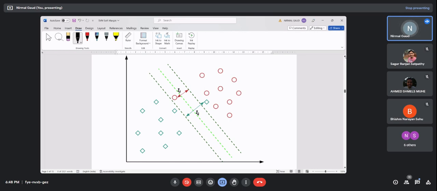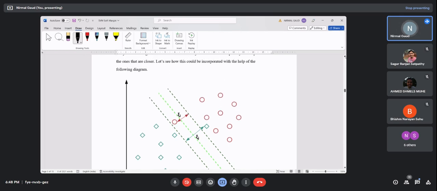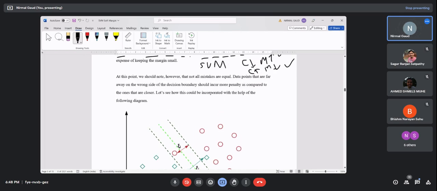So in the previous class we were here and we were talking that at this point we should note that however not all mistakes are equal. You making a mistake is okay, but not all mistakes are equal. Some are bigger mistakes, some are smaller mistakes. Now how can we say bigger and smaller mistake?